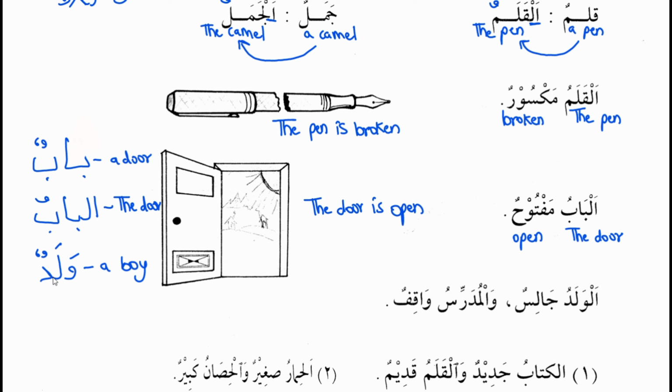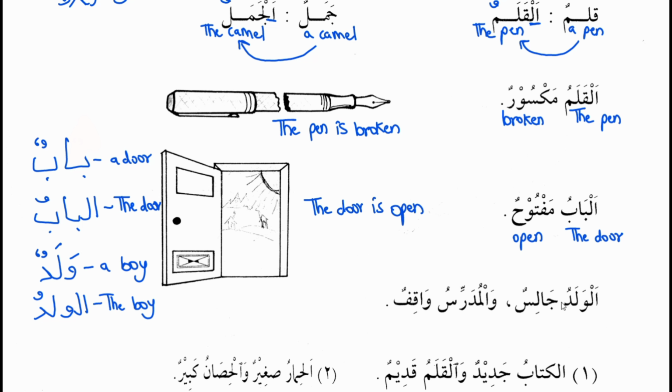To make this indefinite noun definite, we will add alif lam, so it will become al-waladu. We'll eliminate one of the dhamma from the dhammatain and just keep one dhamma on top. So waladun will become al-waladu, meaning the boy.